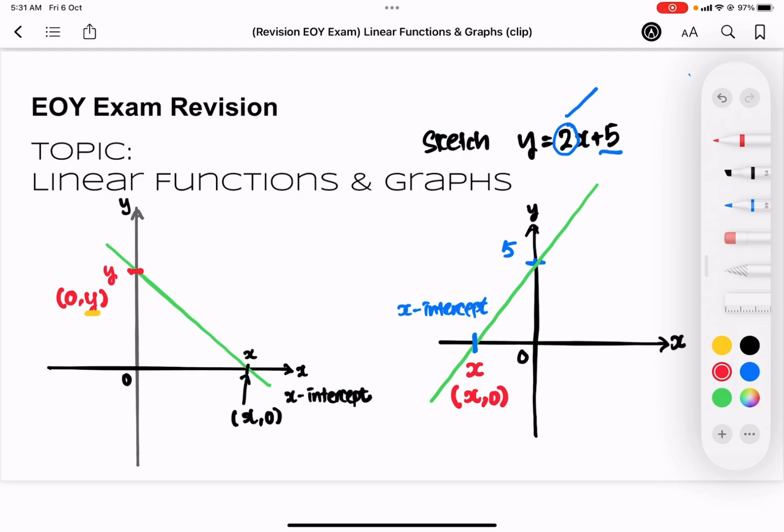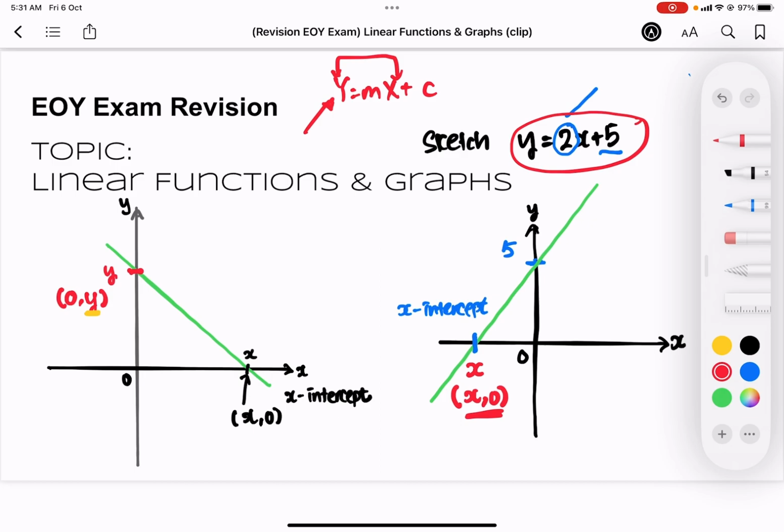Now, remember, for the equation y equals mx plus c, the x, y here refers to any point on the line. So now we are going to substitute this into the equation here. In other words, we are using what is given here.